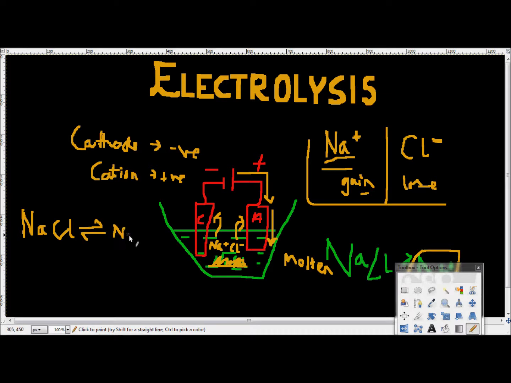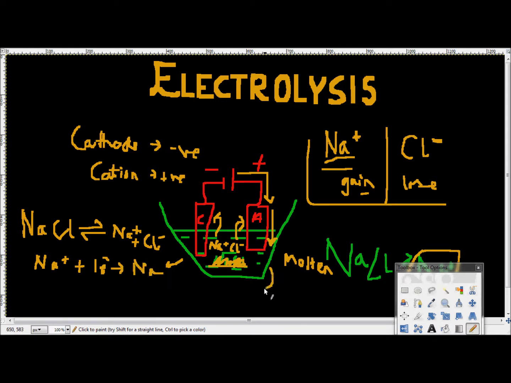This basically means that this reaction can be reversed. The Na+ and Cl- can combine back into NaCl. Also, the reaction at the cathode would look something like this: Na+, that's the ion, adds one electron and it becomes Na.